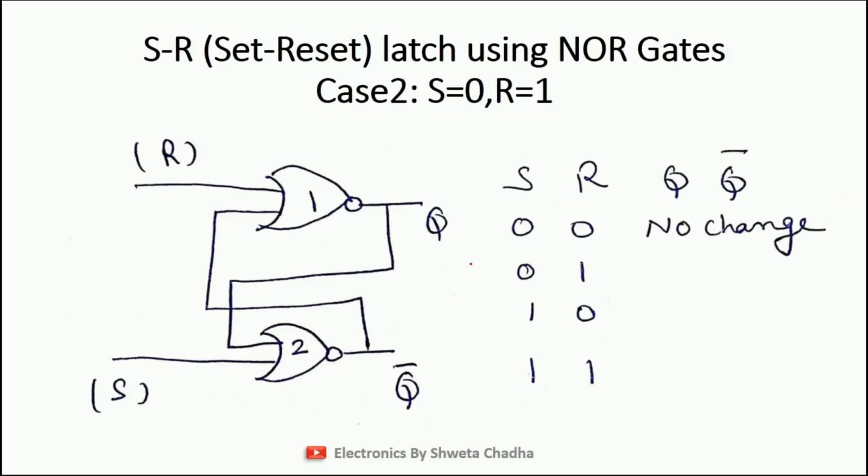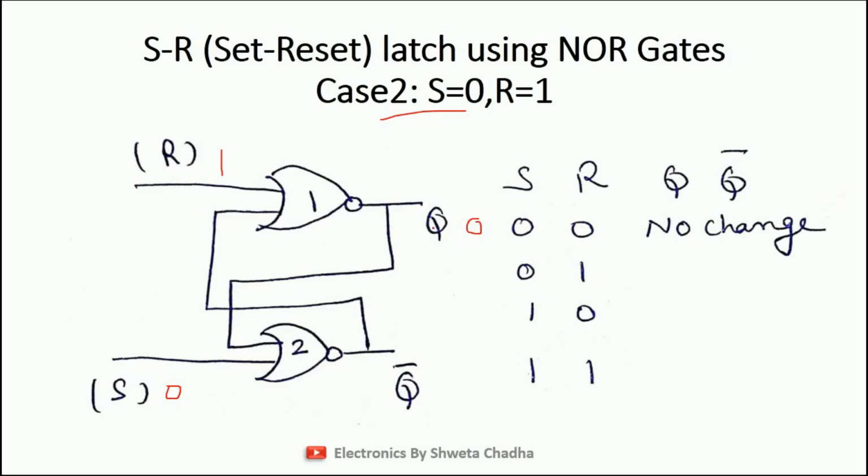The second case is when S is equal to 0 and R is equal to 1. Can we simplify gate number 1? Yes, definitely, because as per the conclusion for the NOR gate, if a minimum of one input is equal to 1, the output will be equal to 0. We cannot simplify gate number 2 because we do not have a minimum of one input equal to 1.